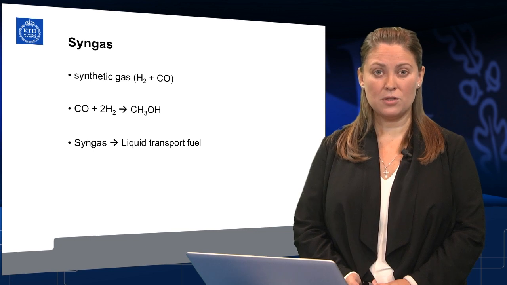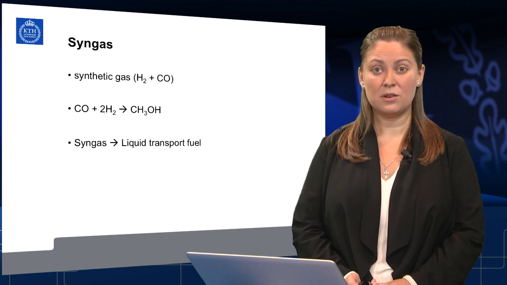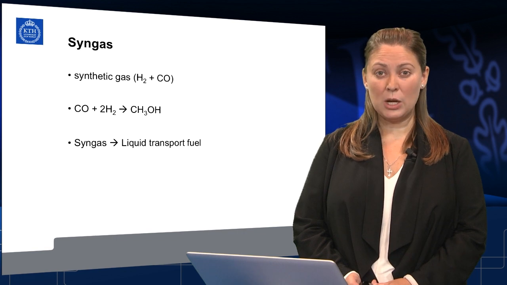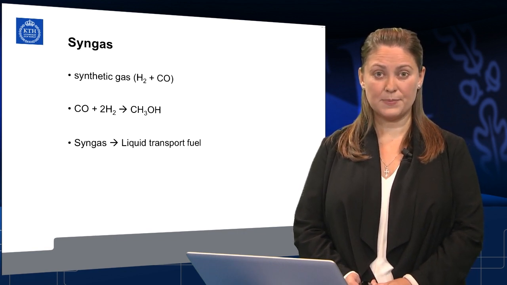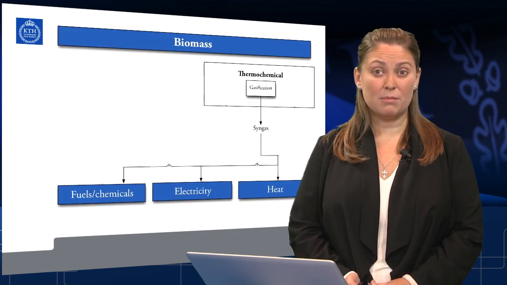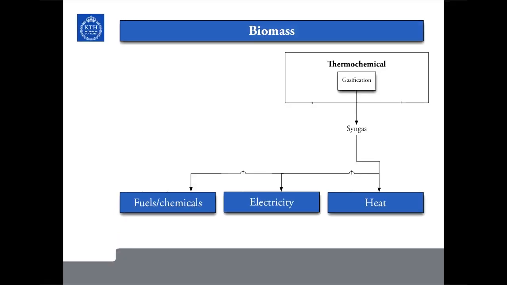Today, a large amount of liquid fuel is produced using Fischer-Tropsch synthesis from the syngas generated from gasification of coal. The same liquid fuel may be produced from biomass-derived syngas. Gasification is a thermochemical process producing heat, electricity, and a mixture of gases, syngas, that allows the production of different chemicals and transportation fuels.